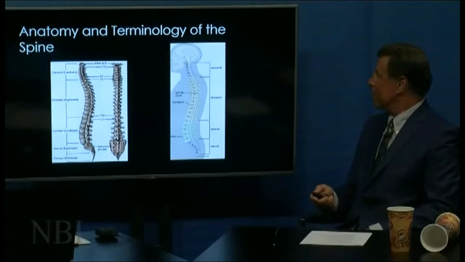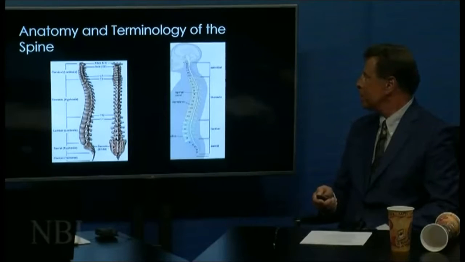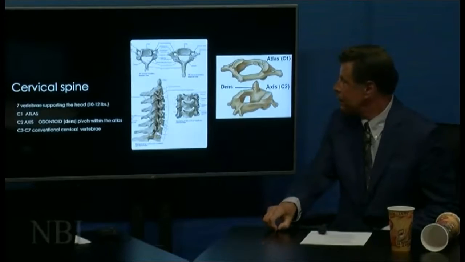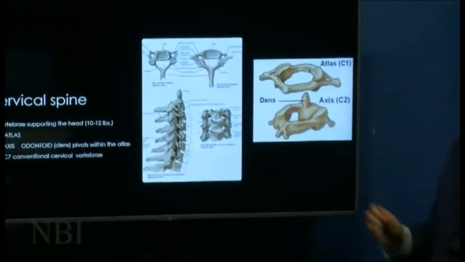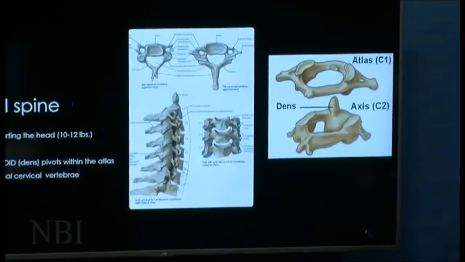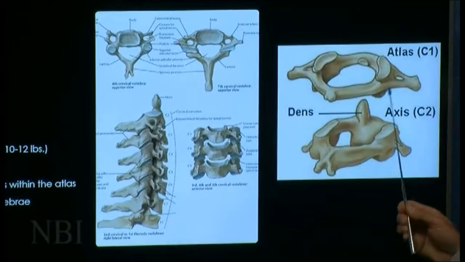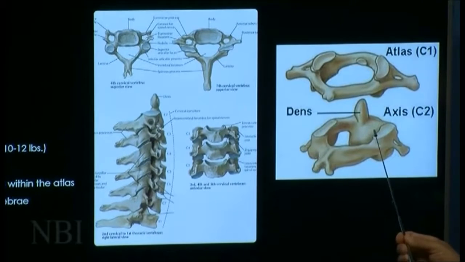So the anatomy of the spine is interesting, and it is, again, vertebral bodies with disc spaces. The cervical spine is extremely interesting because there are 7 vertebrae. The head weighs about 10 to 12 pounds, so the cervical spine supports that. And the C1 vertebra is known as the atlas, and the C2 vertebra is known as the axis.